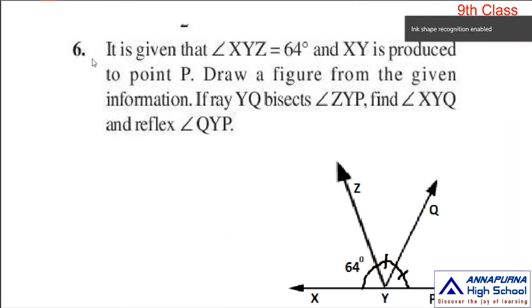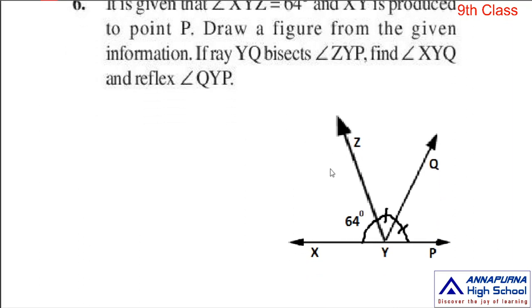Next, the sixth problem. It is given that angle XYZ is equal to 64 degrees and XY is produced to a point P. Draw a figure from the given information. If a ray YQ bisects angle ZYP, we find angle XYQ and the reflex of angle QYP. See the figure.